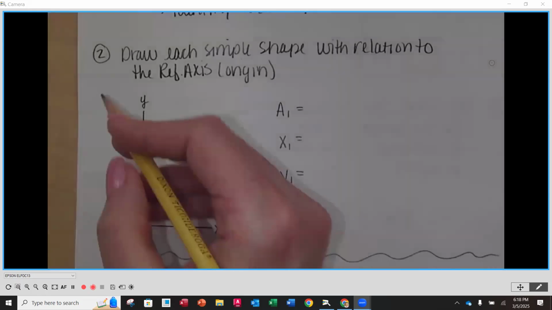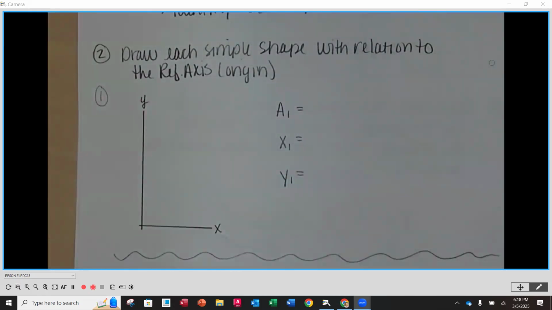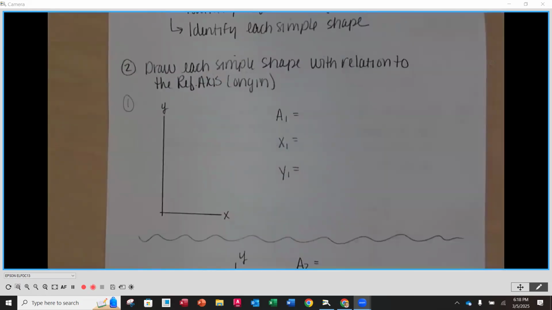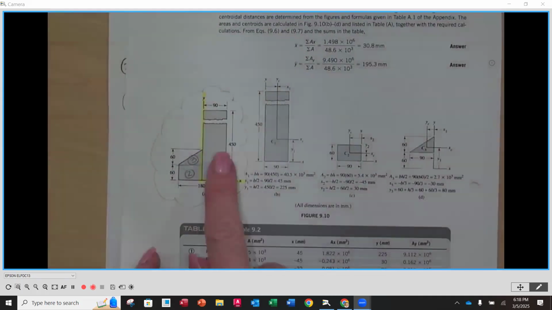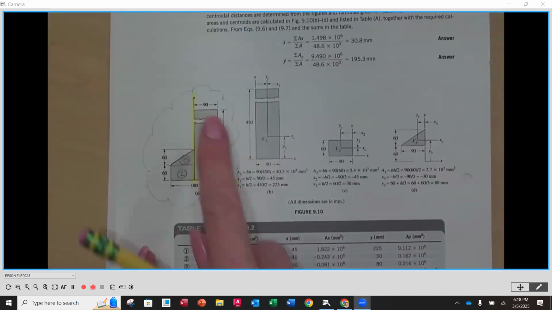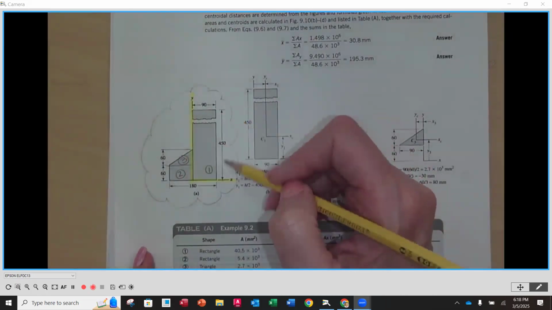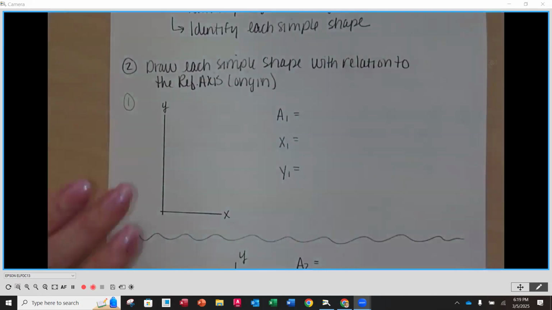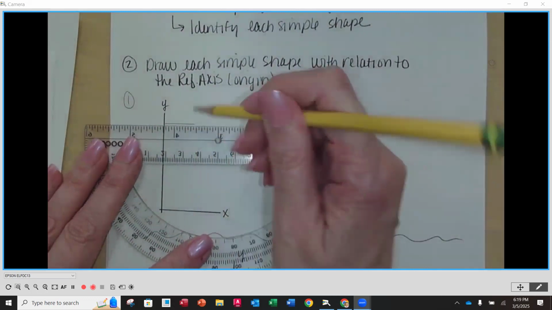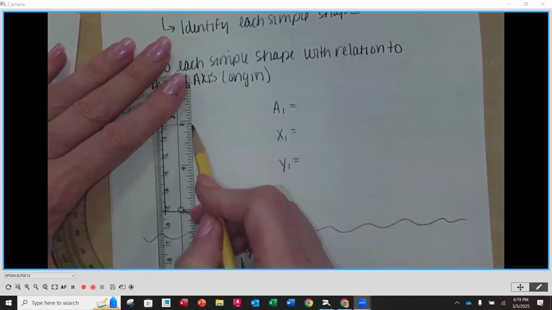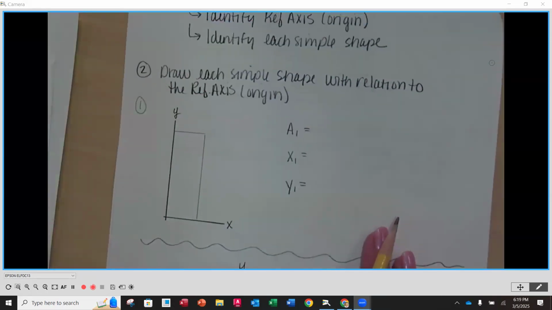Now, we are going to look at each of those individual shapes. So shape number one, going to be here. Draw each shape in relation to the reference axis. Shape number one is the tall rectangle. It's 90 millimeters to the right of the y-axis, and it's 450 up. So I'm just going to grab my straight edge here. I'm going to draw that tall rectangle.